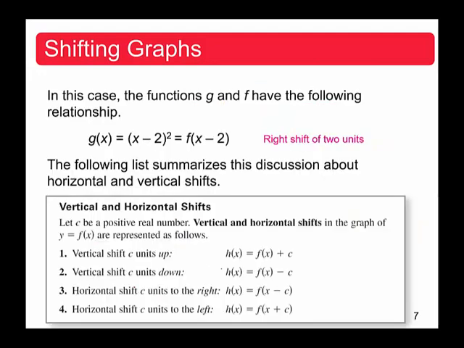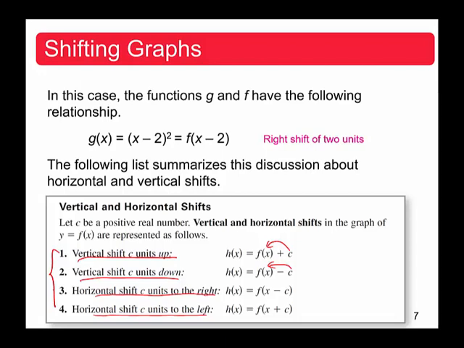But generally speaking, we could do this. If you add c to f of x, we do a vertical shift c units up. Subtract c from f of x, and it's a vertical shift c units down. If you subtract c from the x itself, it's a horizontal shift c units to the right; adding c to x, a horizontal shift c units to the left. So we have 4 different types.